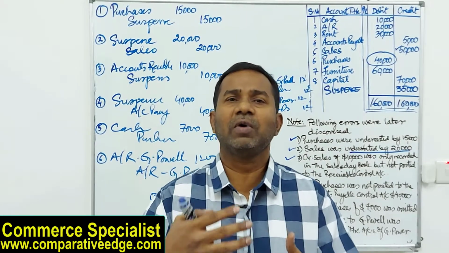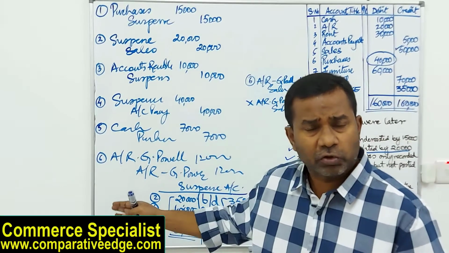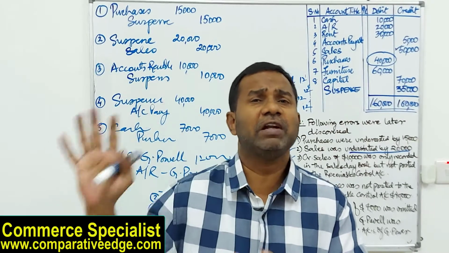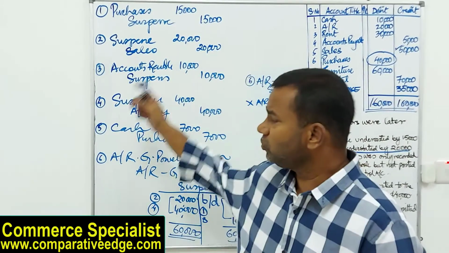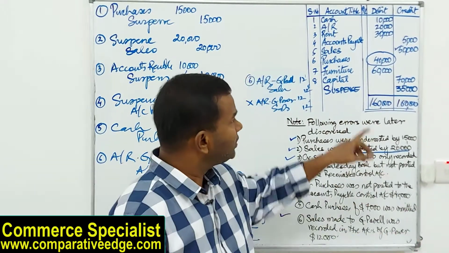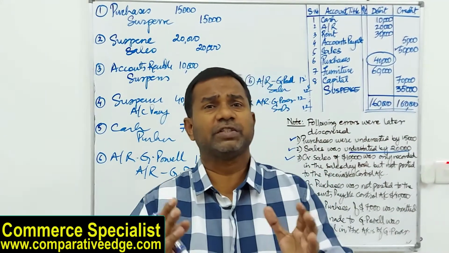Later on, slowly and gradually, things will unfold. You will discover errors. As you discover errors, keep giving the entries through suspense. Make sure the error is not among the 7 errors which do not affect trial balance agreement. Anything else would be adjusted through the suspense account. Note of caution: if you put something in the suspense account, that would not remain suspense for life.